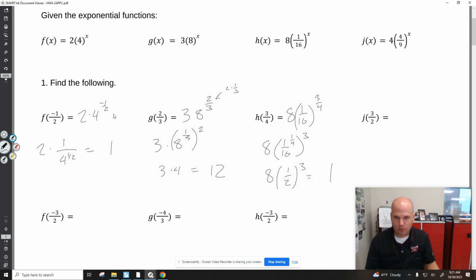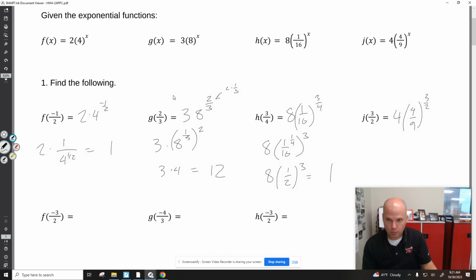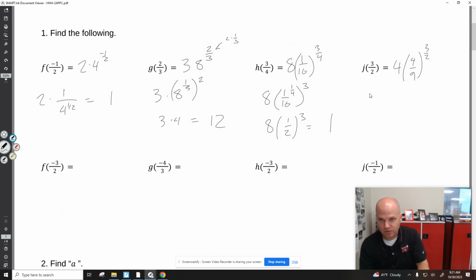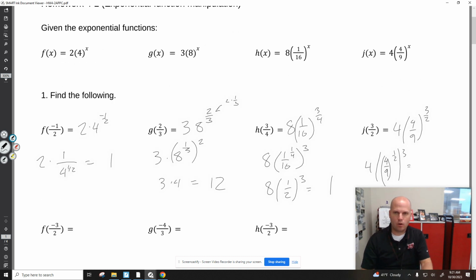We need to be comfortable with fractional powers. j of 3/2, 4 times 4/9 to the 3/2. Again, we will use this property, but backwards. We'll write what we have as a product of two powers. We'll write 3/2 as a 1/2 cubed. Now, when we take the 1/2 power of 4/9, think about like a square power of a fraction.